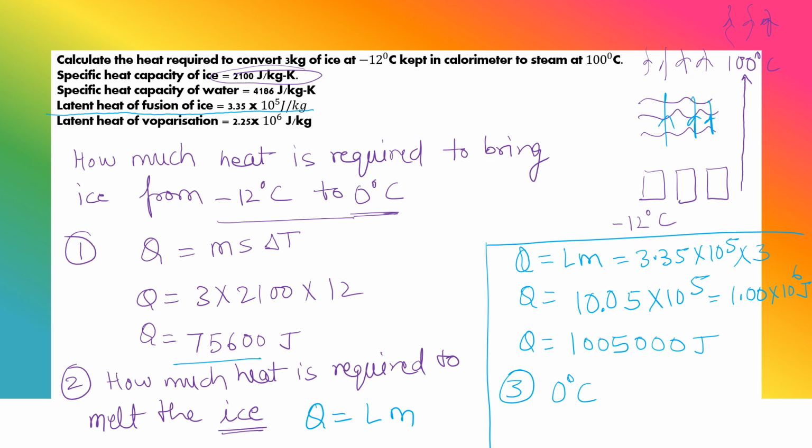So in that case, it will go from 0 degrees Celsius to 100 degrees Celsius. As there is change in temperature, we will use the concept of specific heat capacity. Let's go on the next slide, and then we will continue with the question.